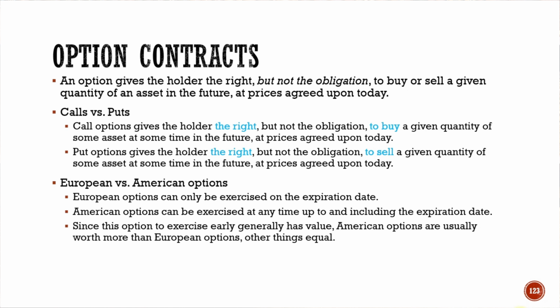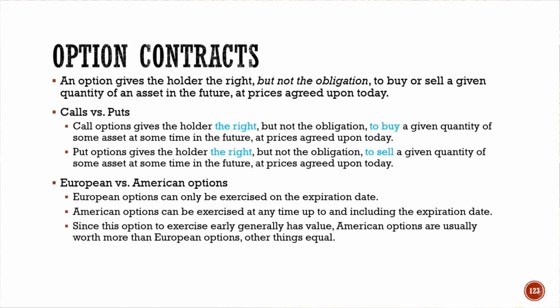A put option, on the other hand, gives the holder the right, but not the obligation, to sell a given quantity of some asset at a time in the future at prices agreed upon today. Now, these are all on the side of buying a call versus buying a put. The seller of a put or call has the obligation to buy or sell a certain quantity of an asset in the future. They have the inverse of the contract.